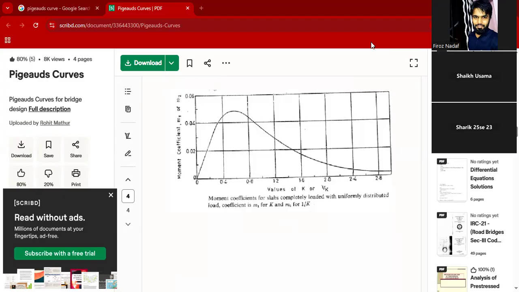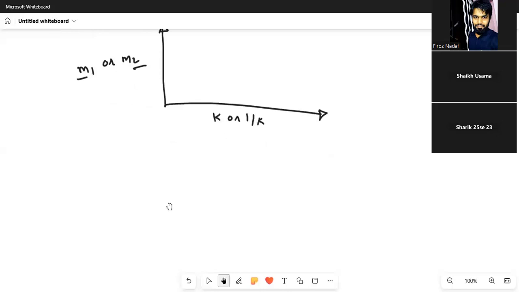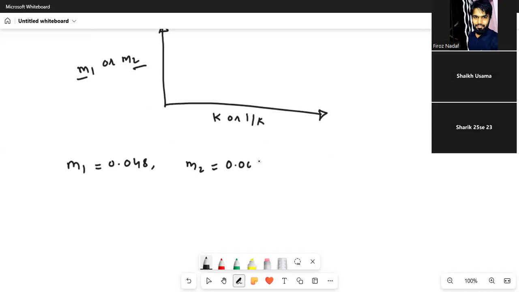Okay, so I will write the values directly. M1 you are getting as 0.048 and M2 equal to 0.009. Okay.